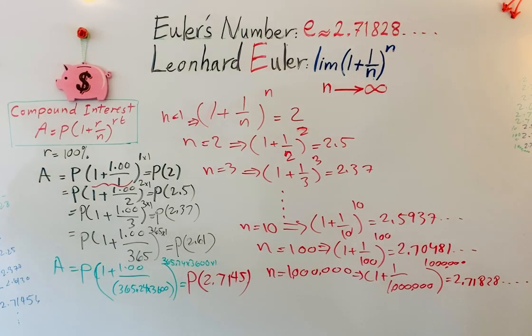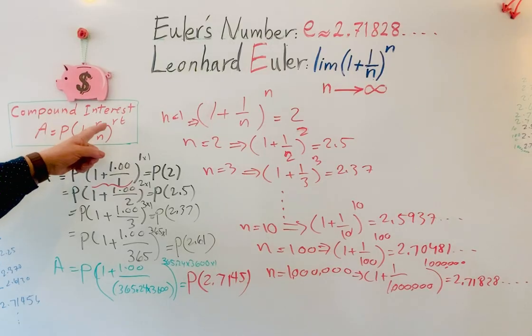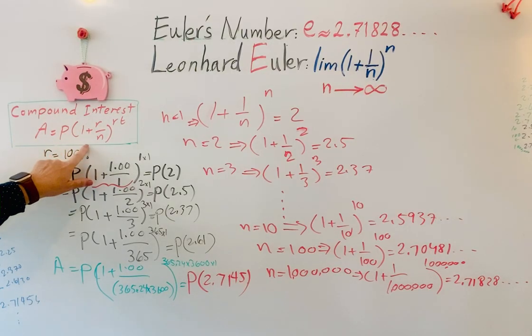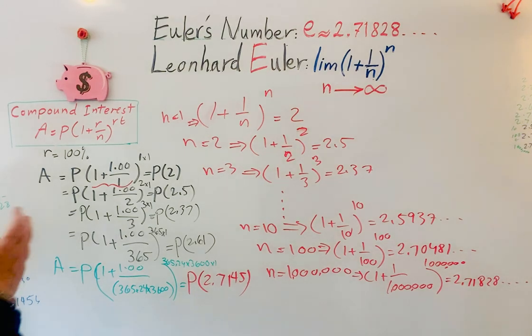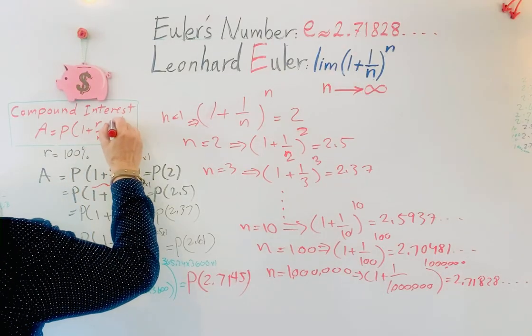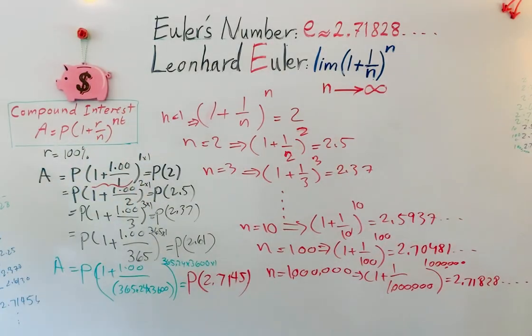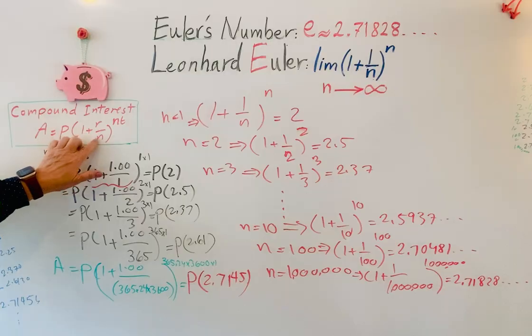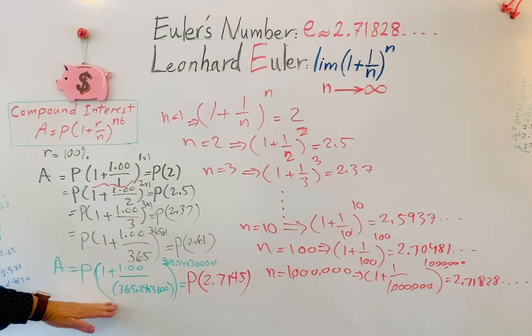Next time I will come back with another example of compound interest, not with this one, because this formula is very useful when you have a number of compoundings, how many compoundings you have in a year, 2, 3, or 5, or any second.